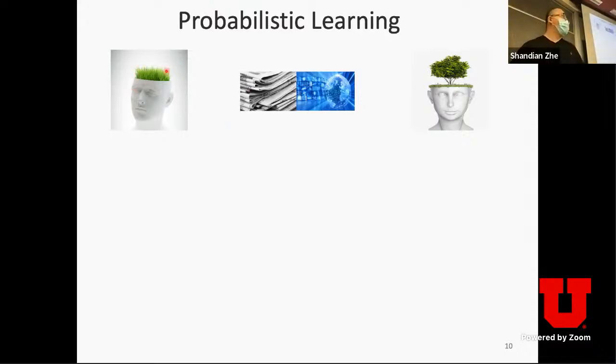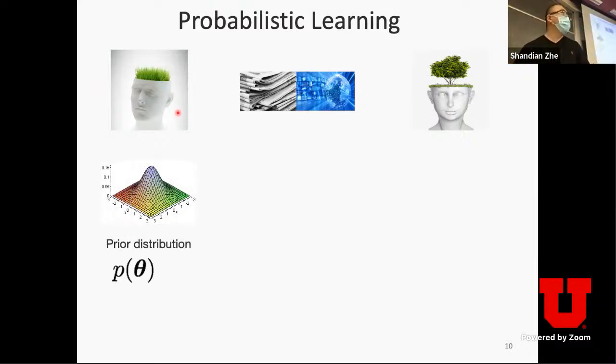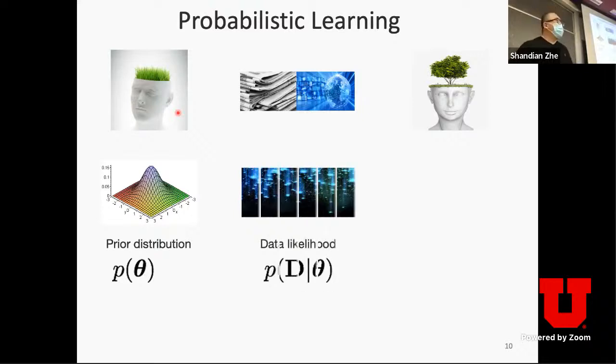Our prior knowledge, our prior beliefs, or prior experiences can be encoded in the prior distribution. And then the information extracted from the data in the Bayesian world is expressed as the data likelihood. And then how do we conduct the knowledge integration or knowledge upgrade?